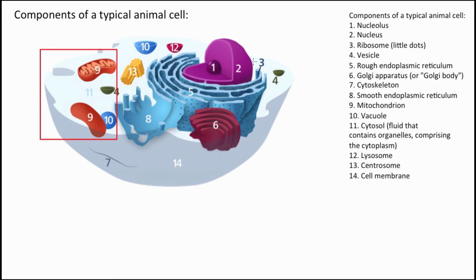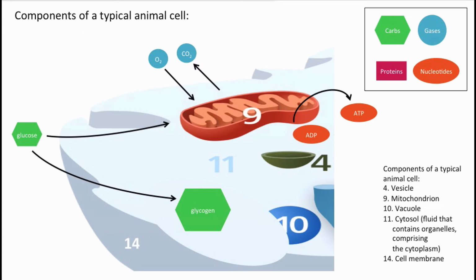And there are some of the features of this cell that are really, really important to us, like the plasma membrane right here, the cell membrane. Here's a mitochondria, number 9. You should know all of these, but we're going to focus in on the ones that are right here. And I'm saying this because this is the context of the story that I'm going to tell you, onto which I hope to hang all of the molecules I want you to learn a bit about.